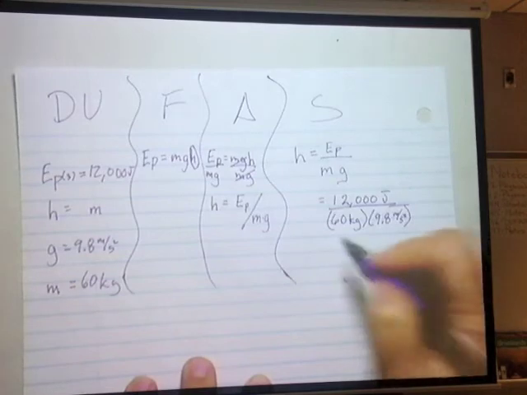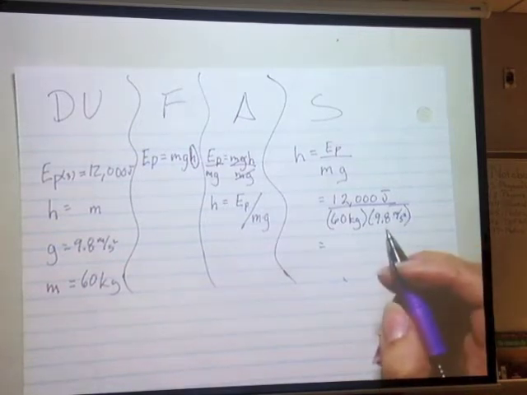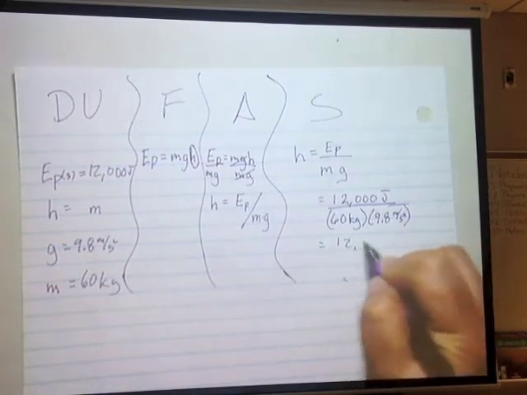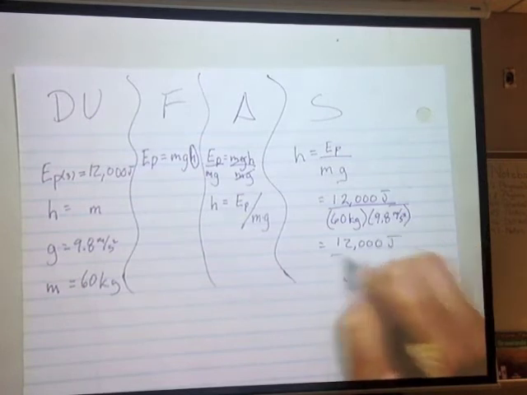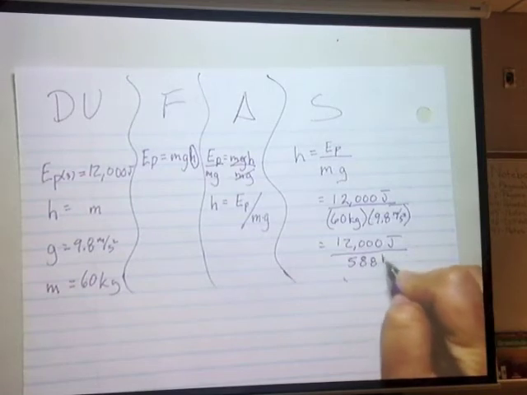So once you are there, all you have to do is go through and remember order of operations. I always usually do everything at the bottom first, which means that you're going to multiply 60 times 9.8, which gives you 588. So you have 12,000 joules divided by 588 kilograms meters per second squared.